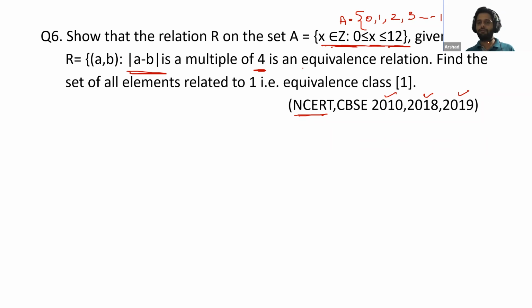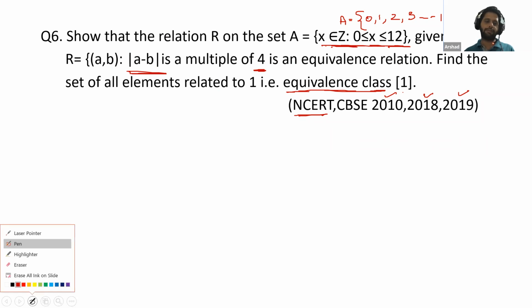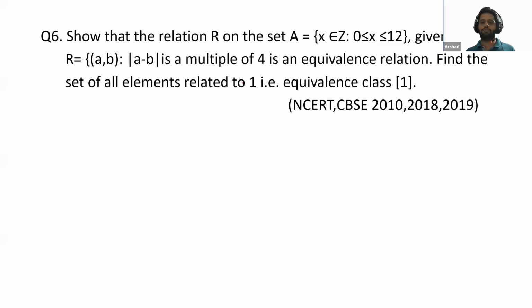They are saying that this is an equivalence relation, and then they are saying find the set of elements related to 1, that is the equivalence class of 1. Now equivalence class is a new concept for you, so we will discuss it later on. First of all, we need to prove that this is an equivalence relation. Multiple of 4, so please show this as reflexive, symmetric and transitive.